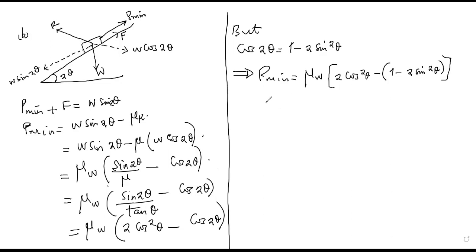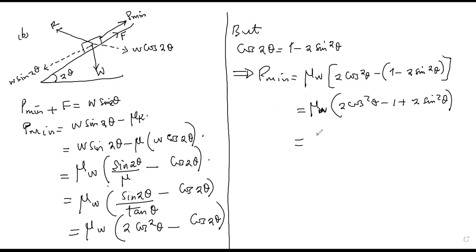So P minimum is equal to mu W into 2 cos squared theta minus 1 plus 2 sine squared theta.